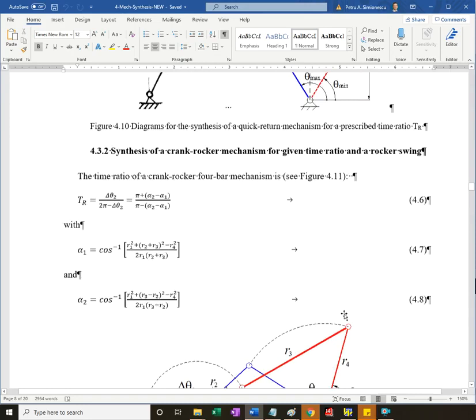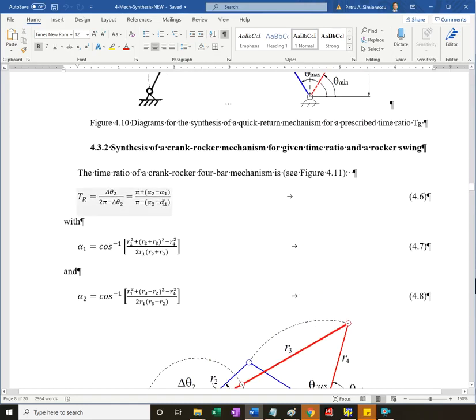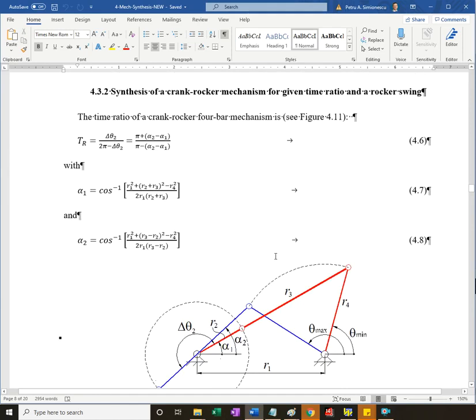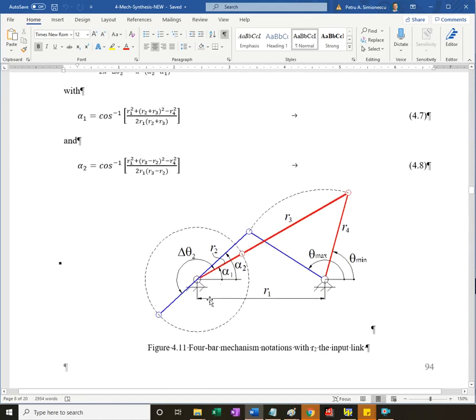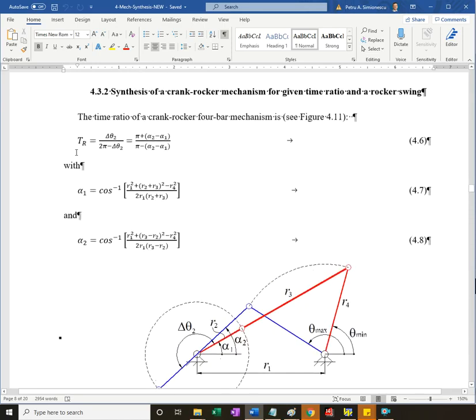Okay, for a 4 bar, we also analyzed early in the semester the crank driven crank rocker 4 bar for time ratio. Things are a bit more complicated here, but we could list the equations. So it will be equations 1, 2, and 3.